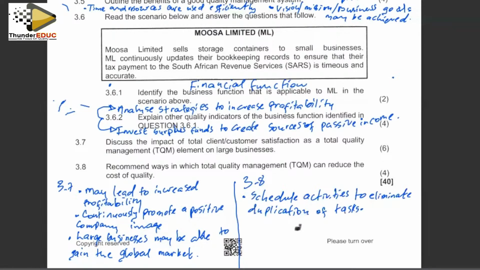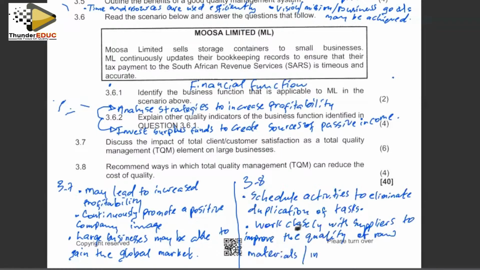And now the next one, work closely with suppliers so as to improve the quality of raw material or inputs.